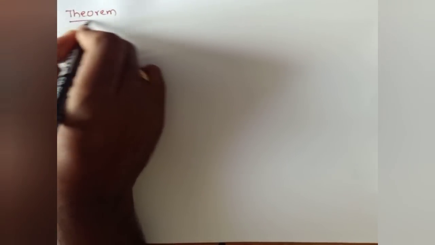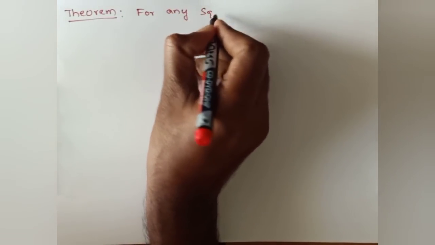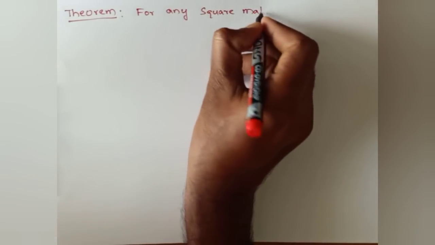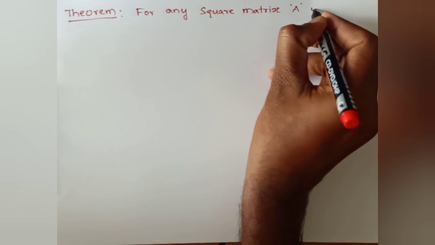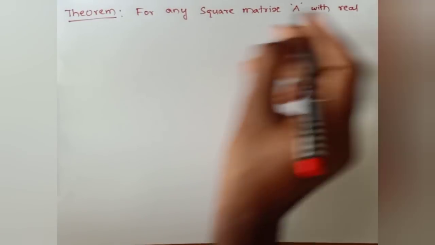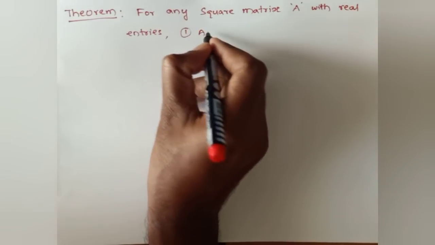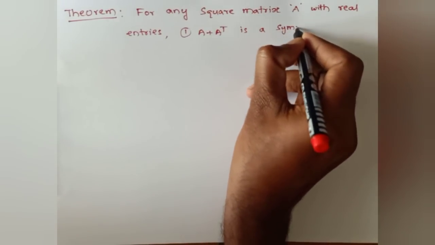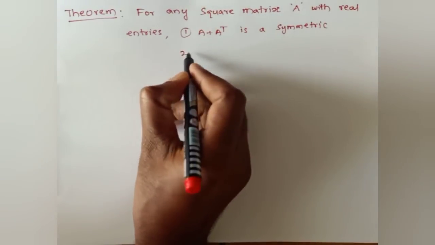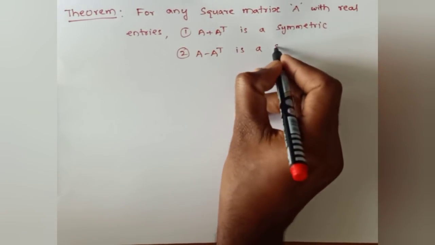Next theorem. The statement: for any square matrix A with real entries, number 1, A plus A transpose is a symmetric matrix, and A minus A transpose is a skew symmetric matrix.